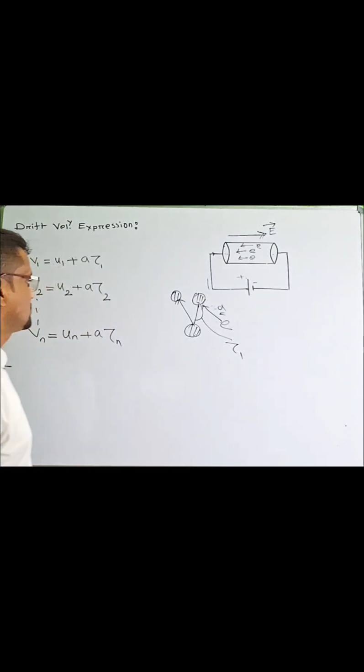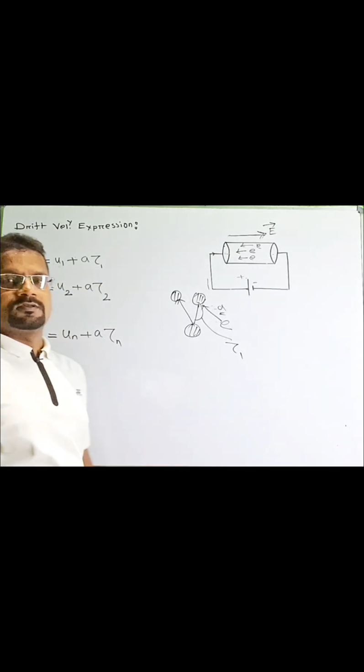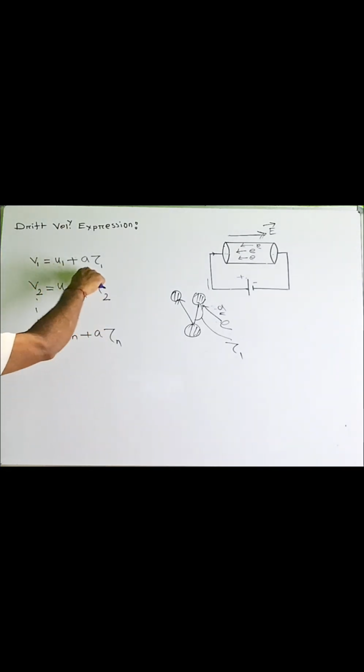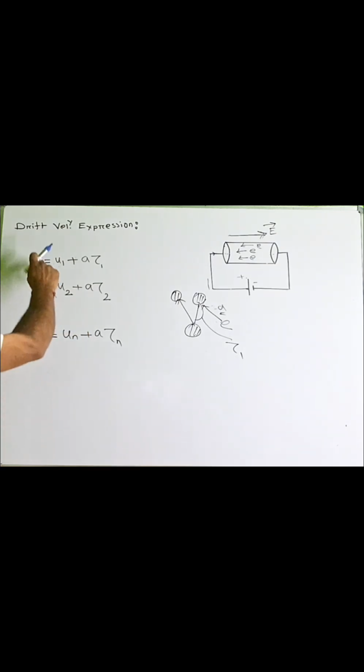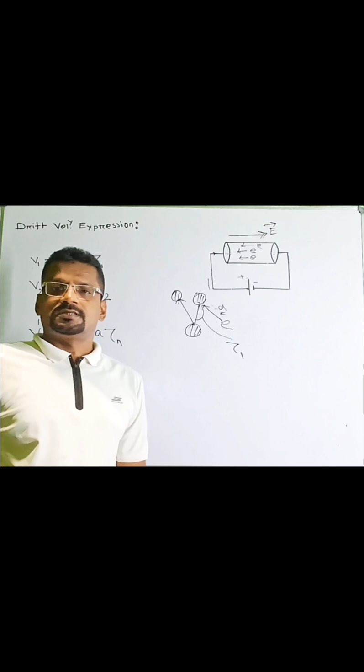So for the first electron, the relaxation time is tau1, and by the equation of motion v equals u plus at, t is replaced by tau1. For the second electron, v2 equals u2 plus a tau2. So for each and every free electron, we have written the expression of velocity.